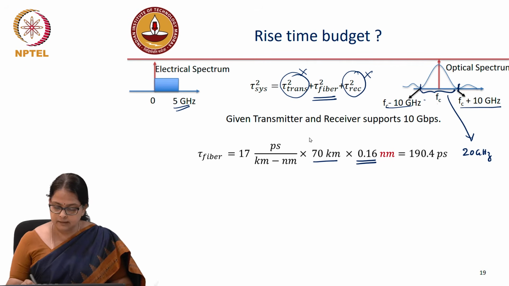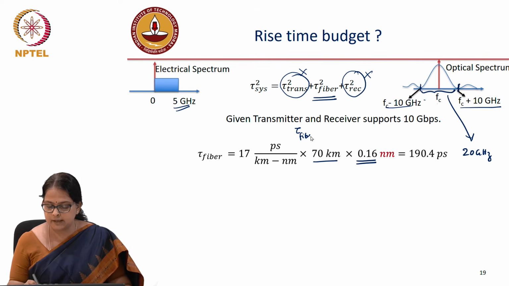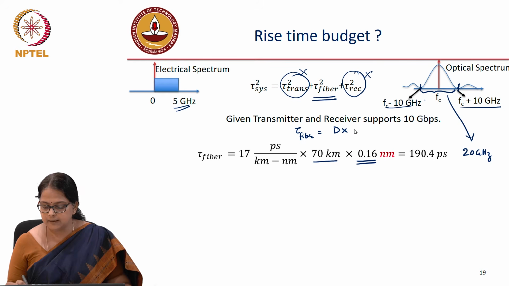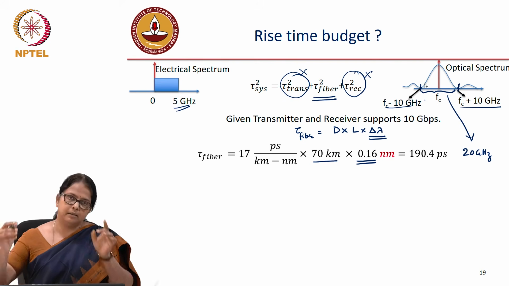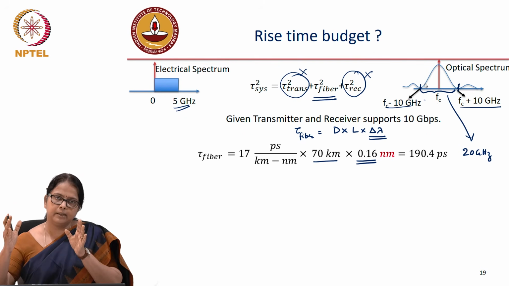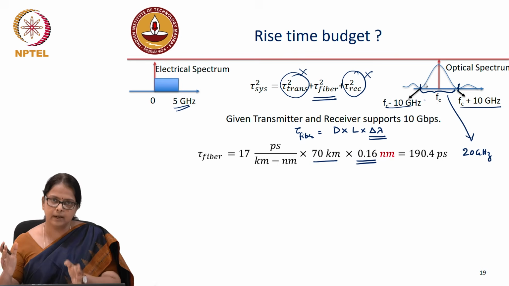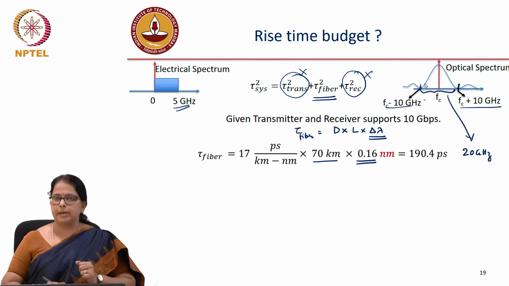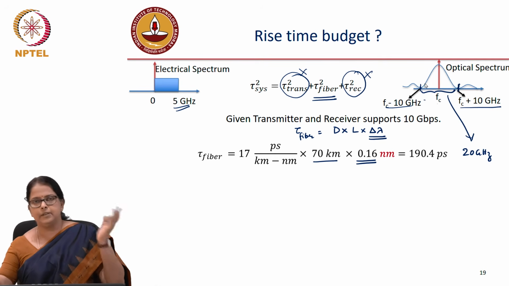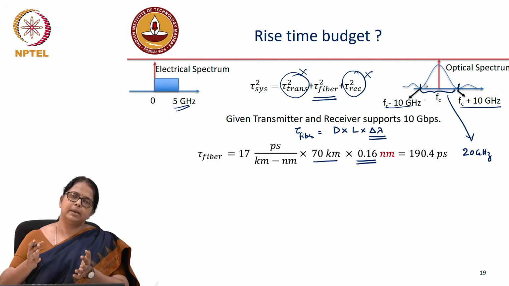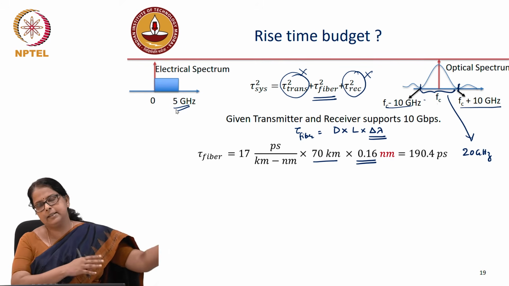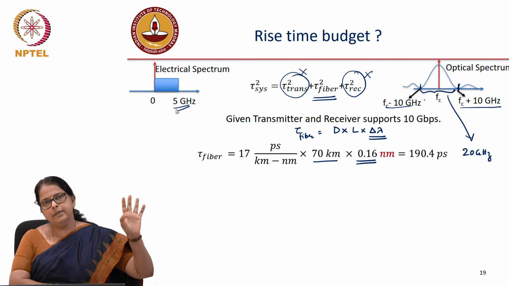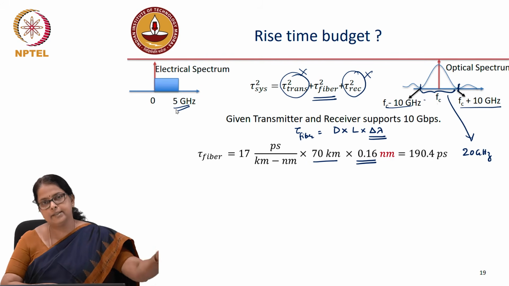So for this tau fiber, where we take the dispersion coefficient times length times delta lambda, this delta lambda should correspond to the wavelength spacing between the two consecutive nulls in your NRZ spectrum. And the nulls are appearing at Fc plus 10 and Fc minus 10. So the delta lambda is the wavelength spacing corresponding to 20 gigahertz. You cannot take it as 5 gigahertz because 5 gigahertz is something else. That is the bandwidth required by the receiver.